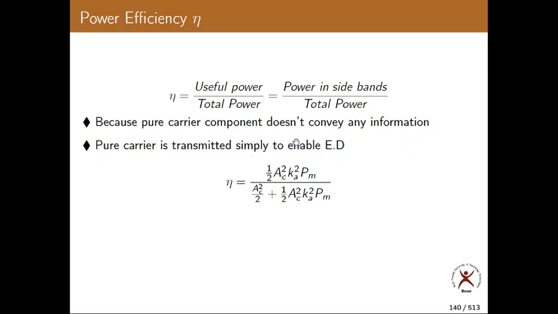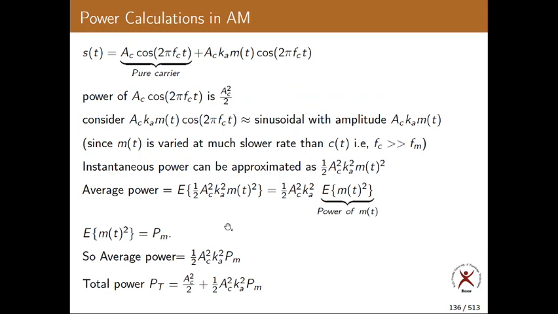We'll discuss this later. Now let us go back to this. You can simply say that this is a carrier and these are sidebands. If you take the Fourier transform, what do you get here? Ac/2 [δ(f+fc) + δ(f−fc)]. For the other term you get two sidebands: Ac Ka/2 [M(f−fc) + M(f+fc)].